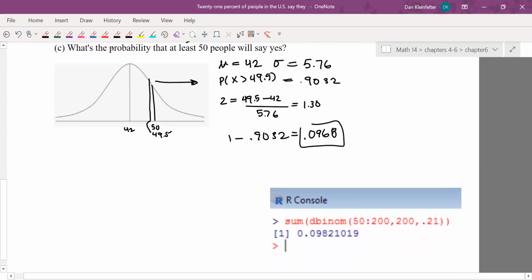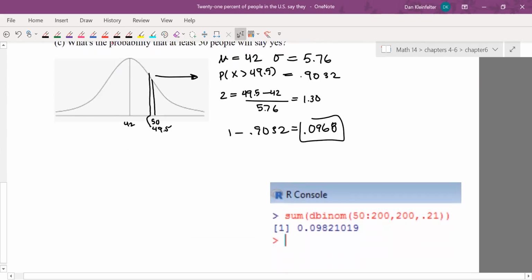I went ahead and calculated this using R, which we haven't used much at all in this class, and that's fine. But just so you know, the exact answer works out to be about 0.098. So we're only about 2,000ths off.